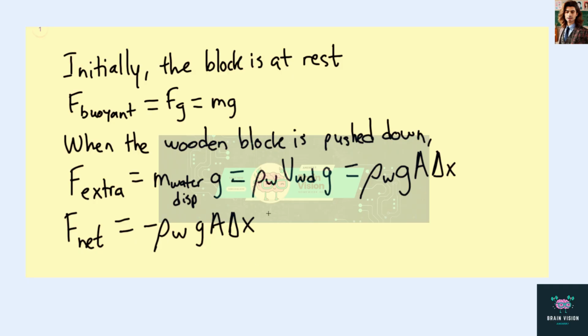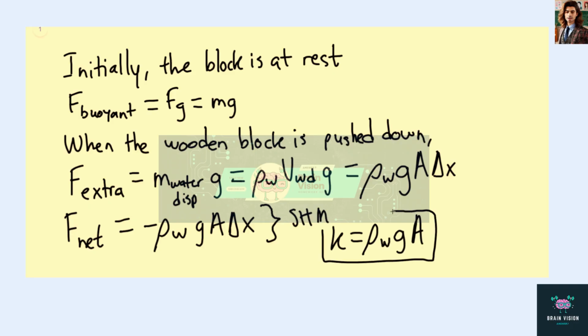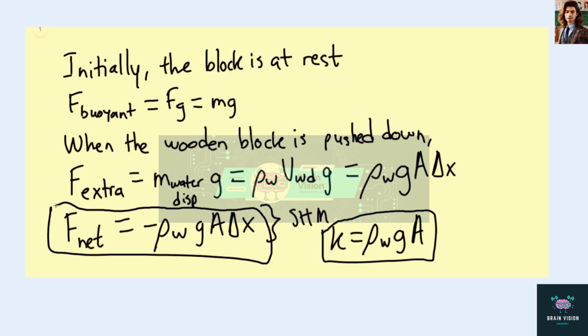And we know that this right here is actually modeling simple harmonic motion with a spring constant k equaling the density of water times gravity times the cross-sectional area of the block. So this would be the spring constant, and this would be the net force. And again, this is going to model essentially the simple harmonic motion.